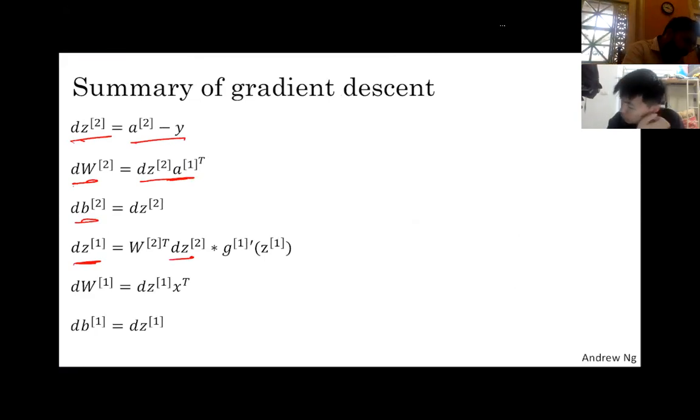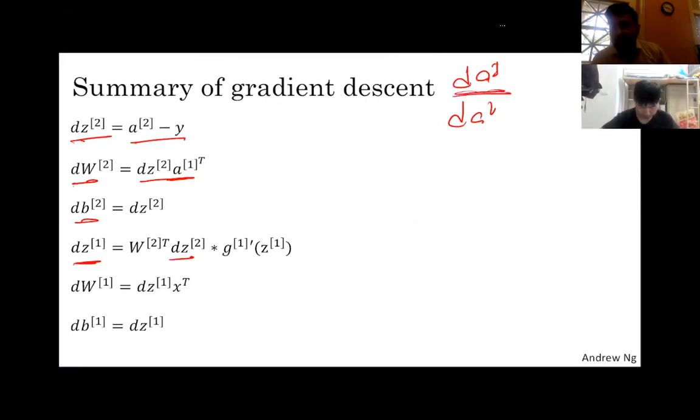So for example, generally you would not see them writing the dA1 or dA2 and so on, because they are not required. All the weights are related to z. So z is the output of the function which defines weights. Okay, so you don't need to store them. So that's why they don't store them. They just store dz2, and then based on dz2, you can calculate dw2 and db2.